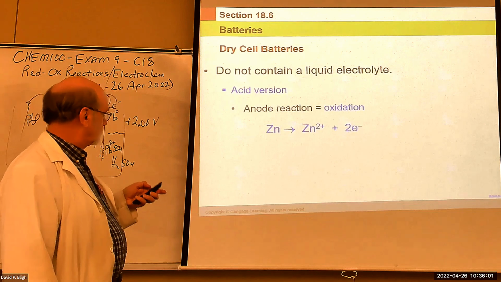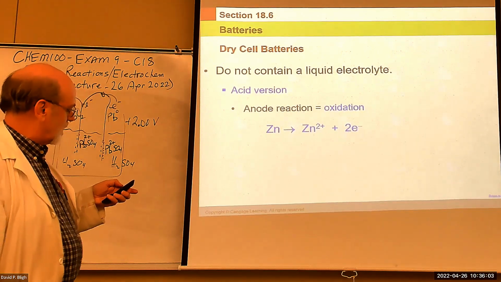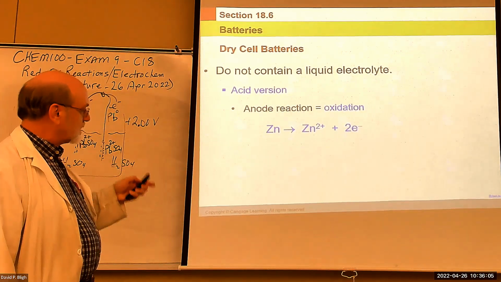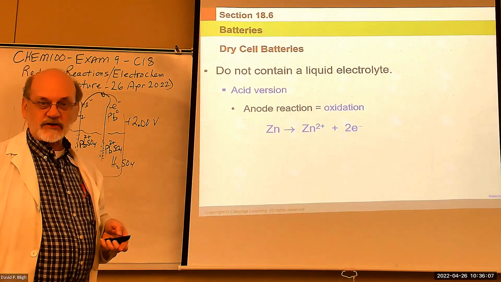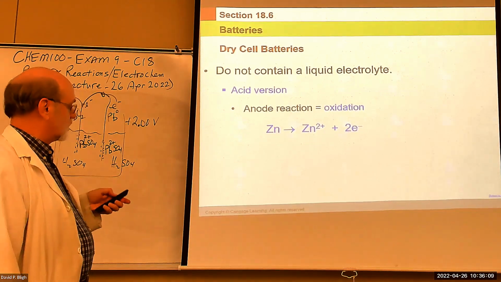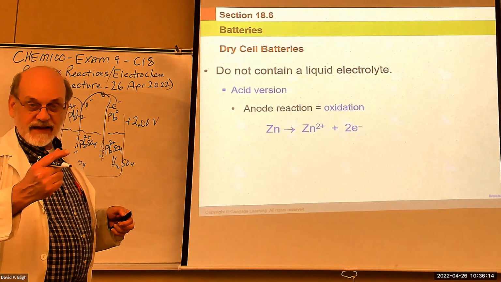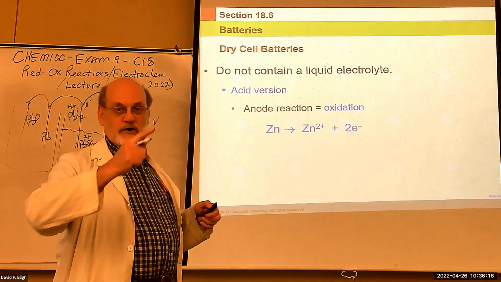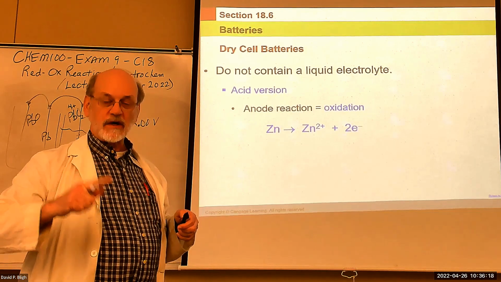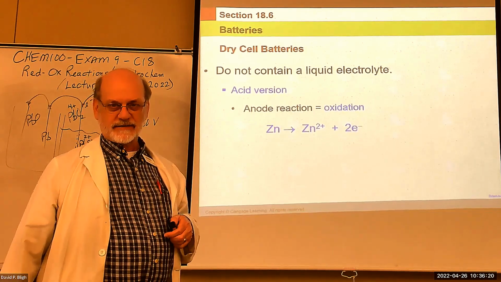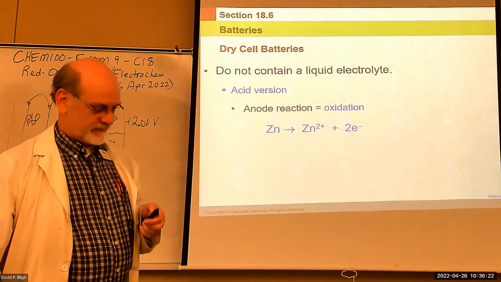This is a zinc cell. The anode for the zinc cell is zinc metal goes to zinc 2+. So that's the oxidation step, the anode. That delivers the electrons to the external circuit. So that would be the negative pole of the battery. That's where the electrons come out of the battery.